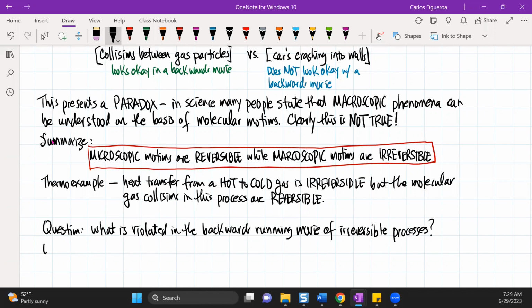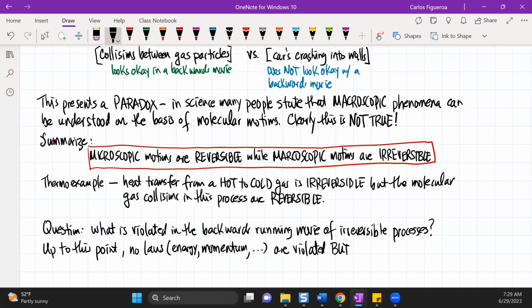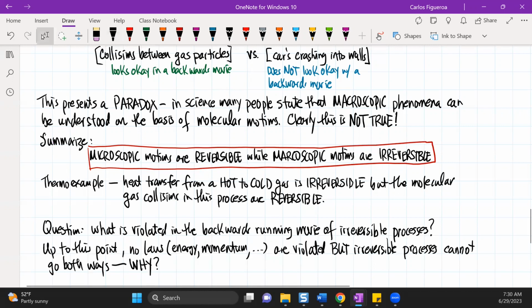We can say here that up to this point, no laws are violated, and when I say laws, I could talk about energy, momentum, whatever you want to talk about, but an irreversible process cannot go both ways. And what I'm asking is, why is that?